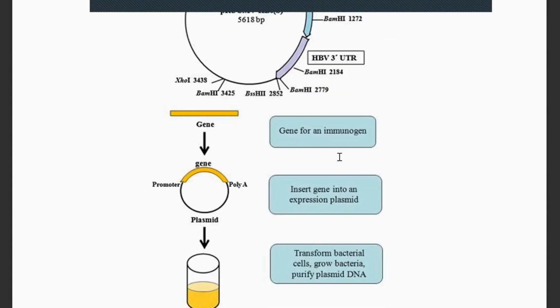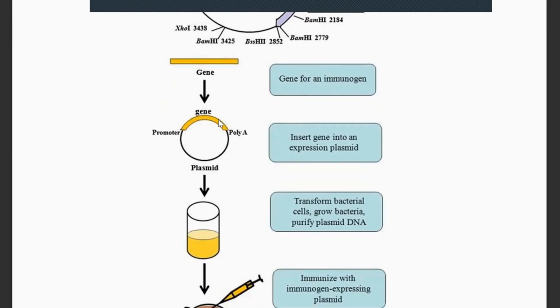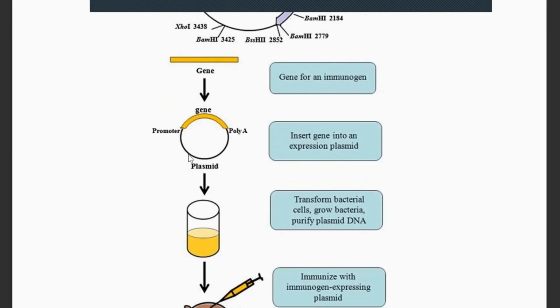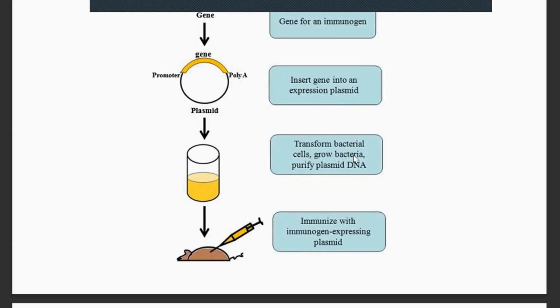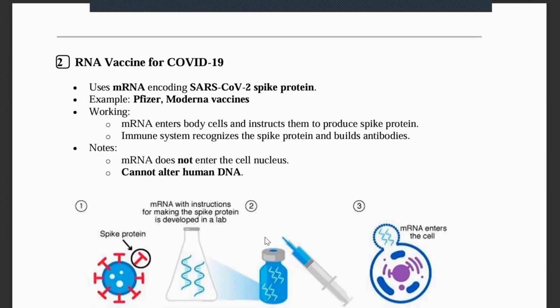So the process, how it is done: the gene for the immunogen is taken and inserted into an expression plasmid, then they transfer it to bacterial cells and grow the bacteria, purify the plasmid DNA, and immunize with the immunogen expression plasmid. RNA vaccine for COVID-19.